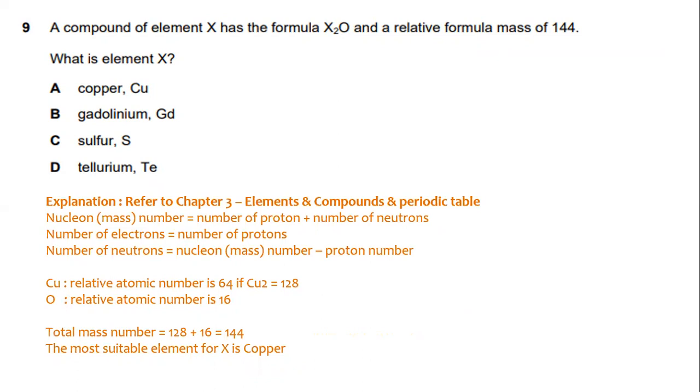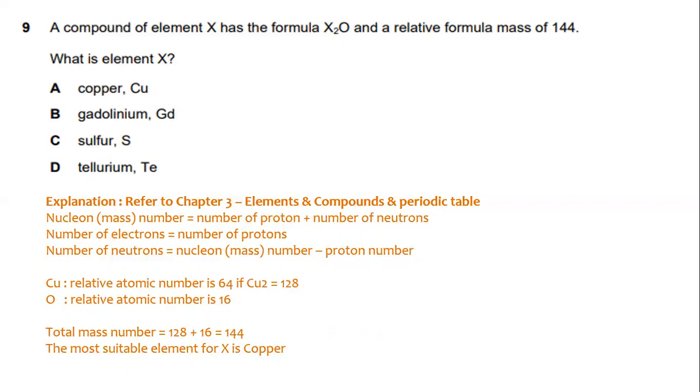The mass number is the number of protons plus the number of neutrons, and the number of electrons is the same as the number of protons. The number of neutrons is the mass number minus the proton number. We are given the formula X2O.